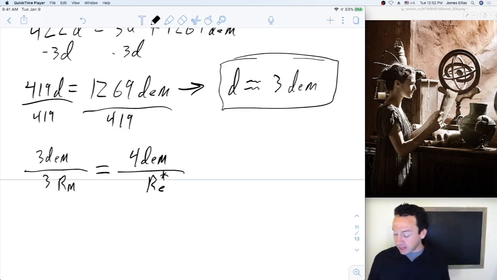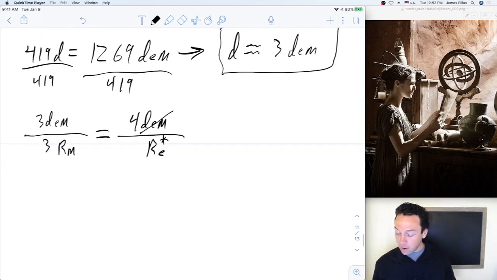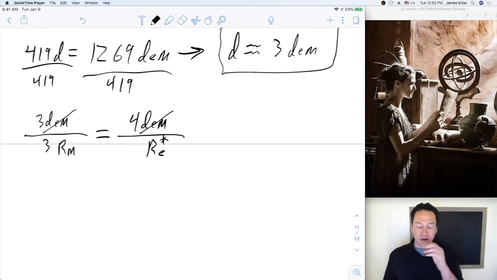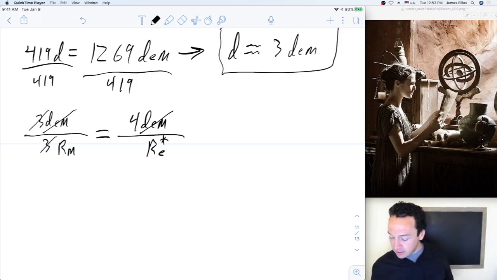Okay, now check this out. Look at this equation he set up. Wha-bam! The distance to the moon disappears. We now have an equation with just one variable. It's solvable. The 3's eliminate one another.